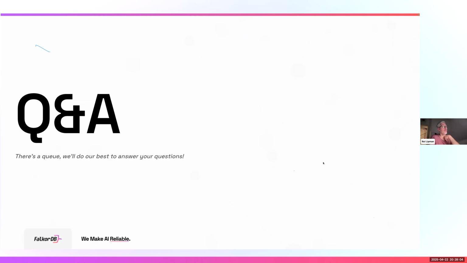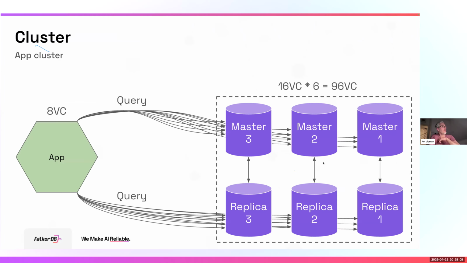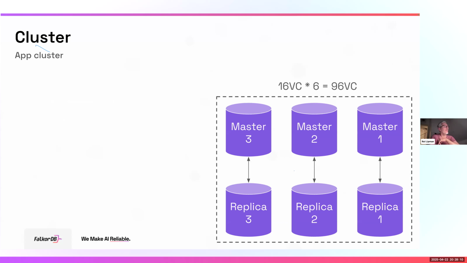Yes. You can add multiple. This is a good question. Here we saw a one-to-one relation between a master and its replica, but you're not limited to just a single replica for a given master. You can have multiple replicas following the same master. And this is a good point where you want to scale out your read operations.